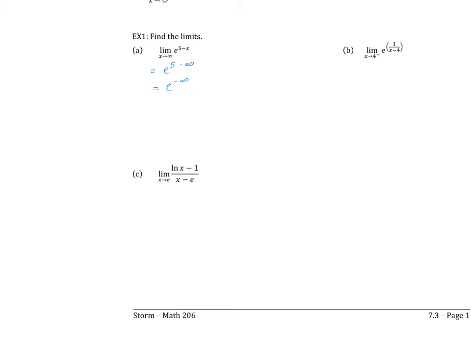So when you think about that, e to the negative infinity is actually 0 because it's 1 over e to the infinity. So recall, if your numerator is constant, but the denominator is getting larger and larger and larger, closer to infinity, the whole fraction is actually approaching 0.